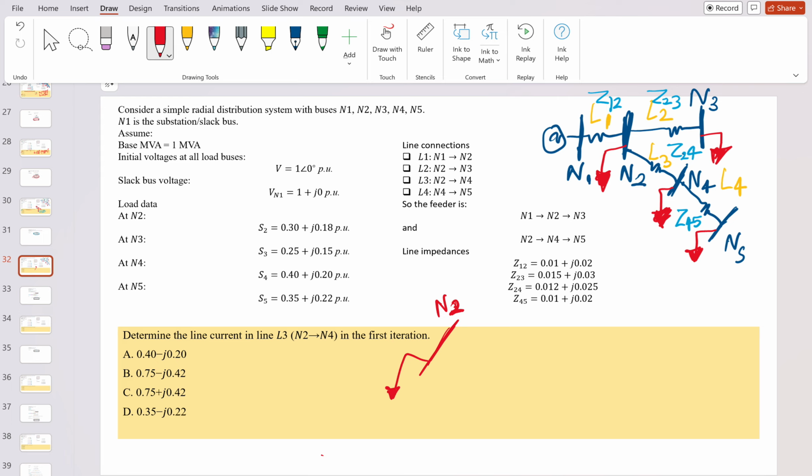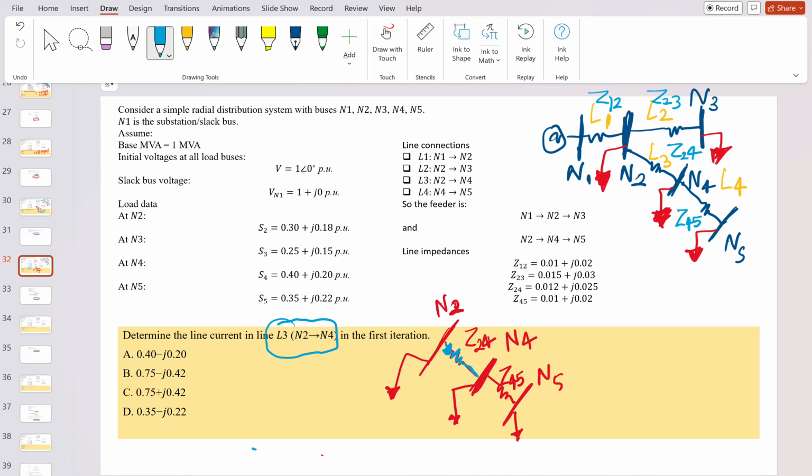There is one load which is connected at N2, and there is one line, the Z24, which is connected at node 4, which is the N4, and then you have again one line which is connected to N5, and this is the load. Here also you have one load, and this is the Z45. In the question, it is asking what is the current which is flowing at L3. L3 is basically this line. So what will be the current flowing here?